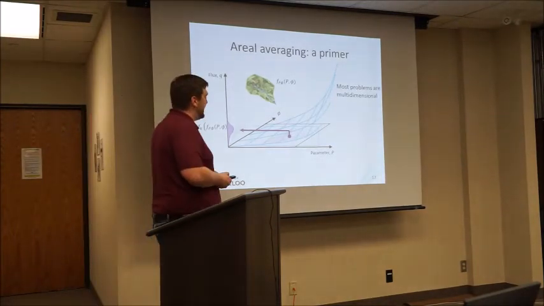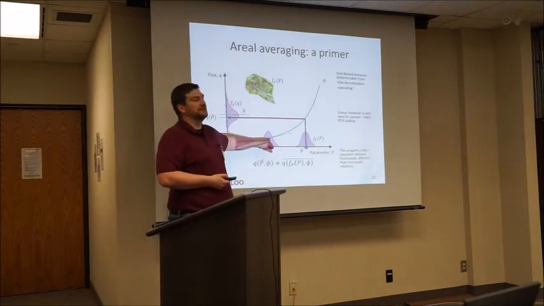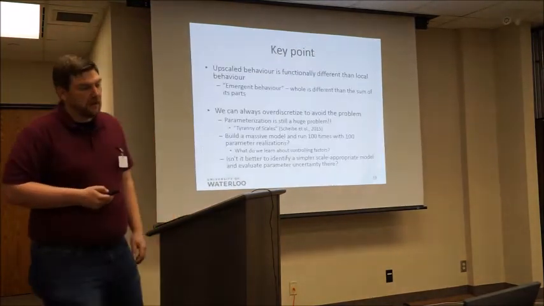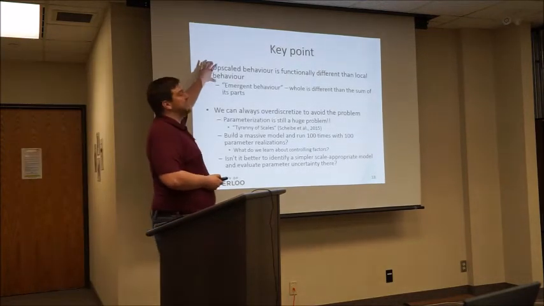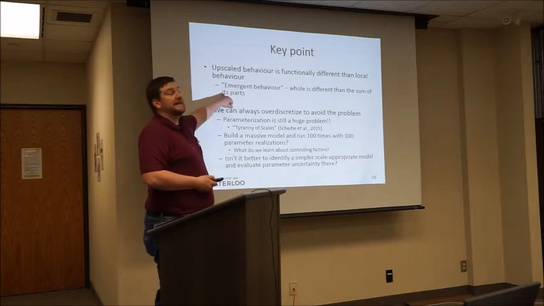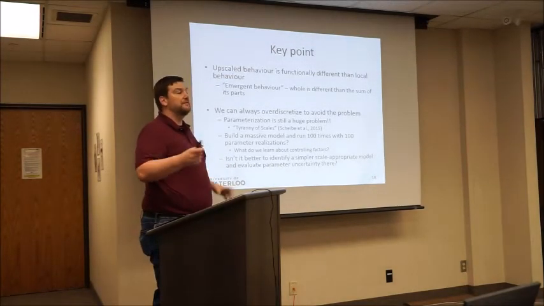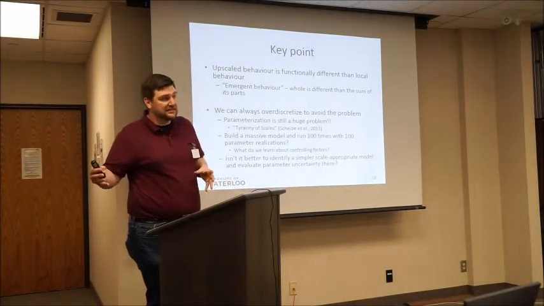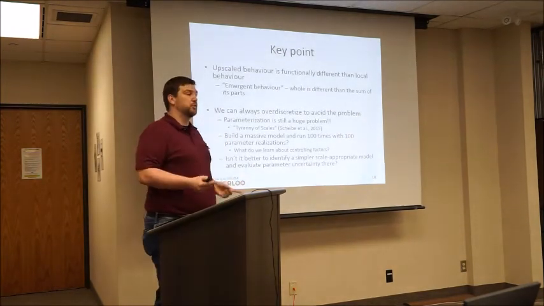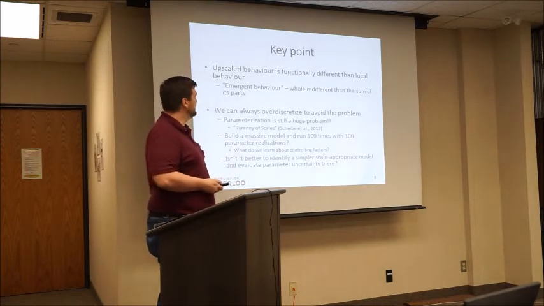So that multidimensionality basically throws out even this utility, because most problems are multidimensional problems. All right, so key point, upscale behavior is functionally different from local behavior. This is that emergence of new behavior from looking at a heterogeneous system and how the heterogeneous system behaves. There's different rules than the homogeneous system.